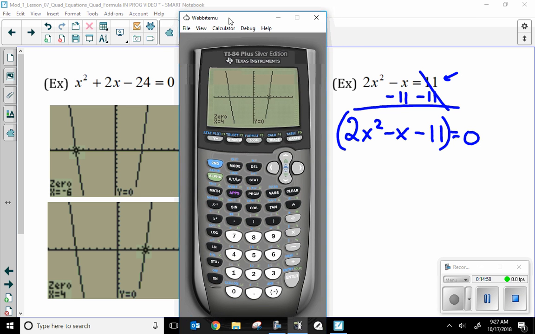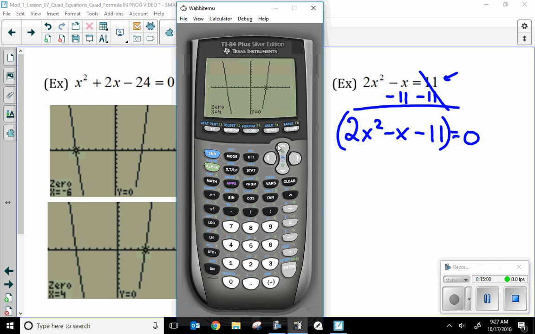This time I'm going to do it with a little bit less explaining and more just using the calculator. Y equals, that is 2x squared minus x minus 11. Graph it. There are my 2 points. And this one is more like what you might see. They're not exact.